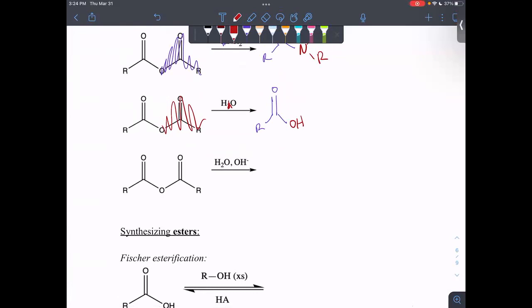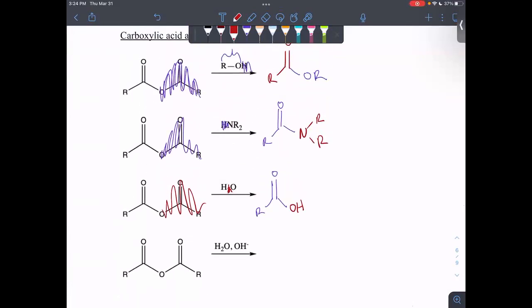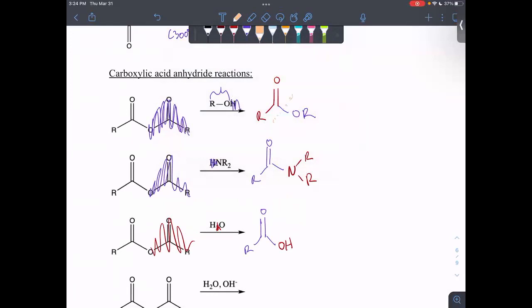So I think this would take 2 steps. I would first turn the anhydride into an ester. And then when you cleave the ester, you're going to get a carboxylic acid product and then your alcohol product from the OR. I think that's the only way to do that. And you would use ROH as well?